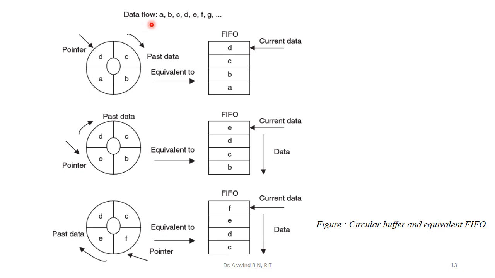Assume that we are going to have the data like A, B, C, D, E, F, G and so on, and this data has been loaded to this circular buffer of size 4. So A, B, C, D has been loaded, and consider that A, B as well as C have already been read, and now it is pointing to D.